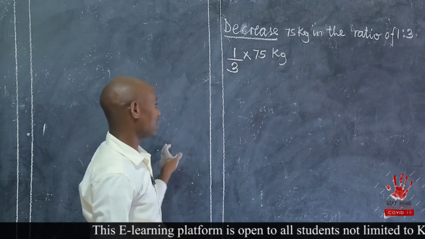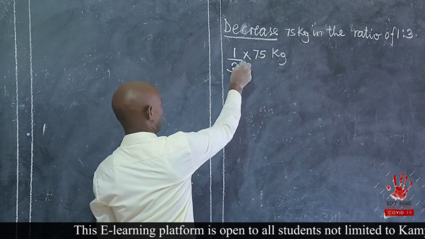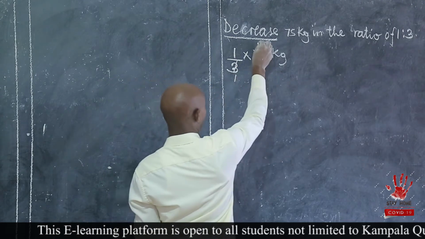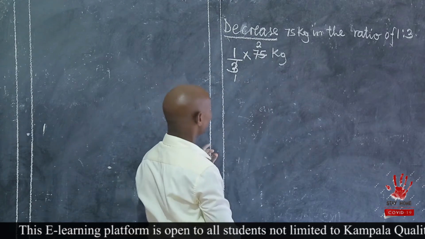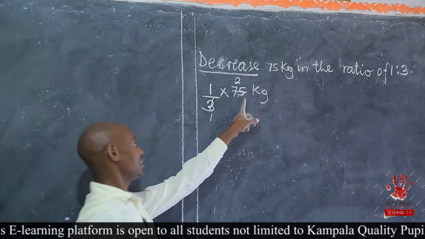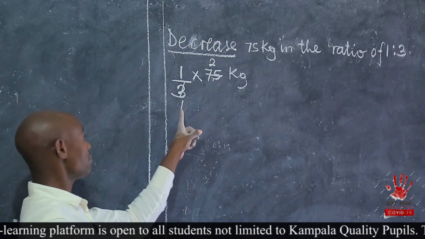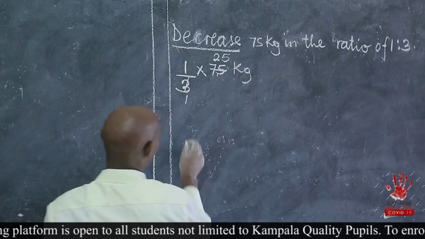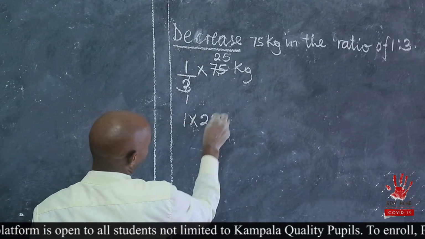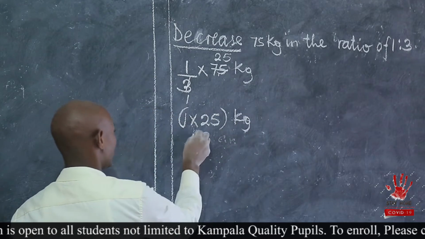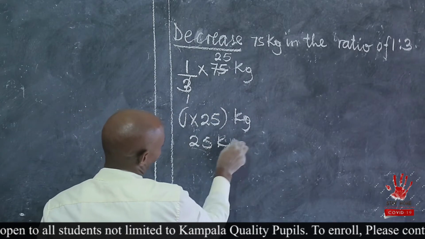Then you go ahead and reduce. Divide by 3, we are getting 1. 7 divided by 3, we get a 2. What is the remainder? The remainder is 1. So we put it here to support 5. Then it becomes 15. 15 divided by 3, we are getting a 5. So we shall have 1 times 25, and this one is in kilograms, and we shall get 25 kilograms.